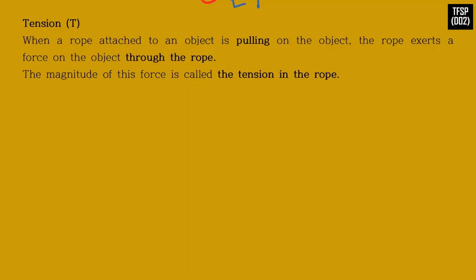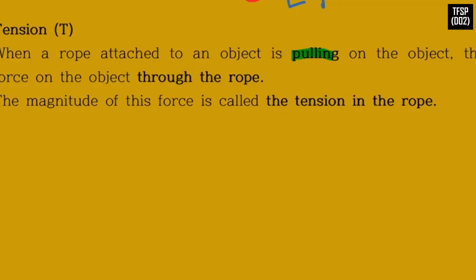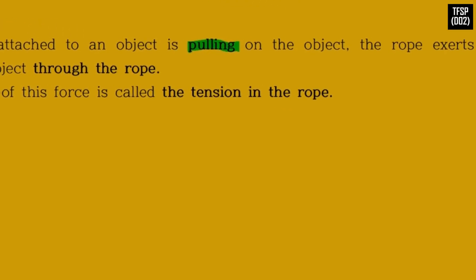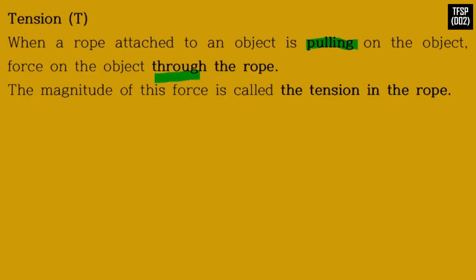Tension. When a rope attached to an object is pulling on the object, the rope exerts a force on the object through the rope.